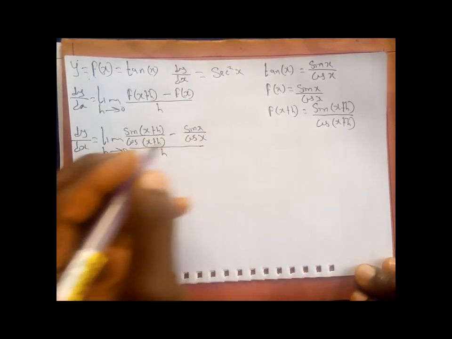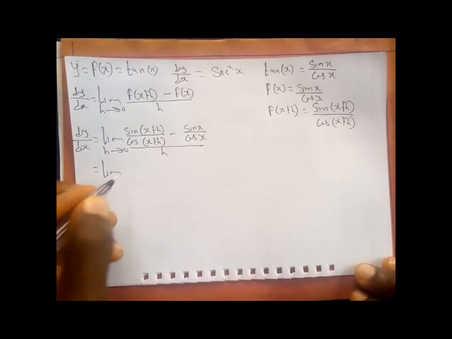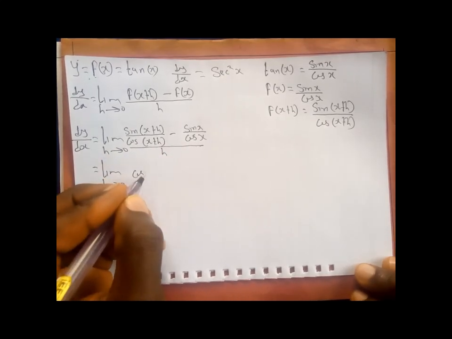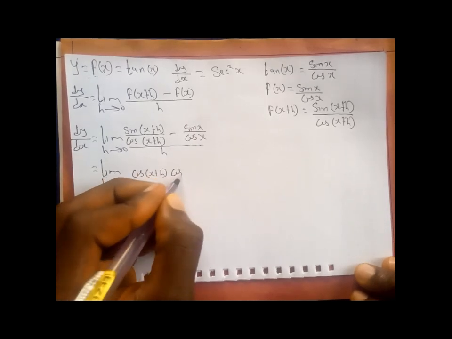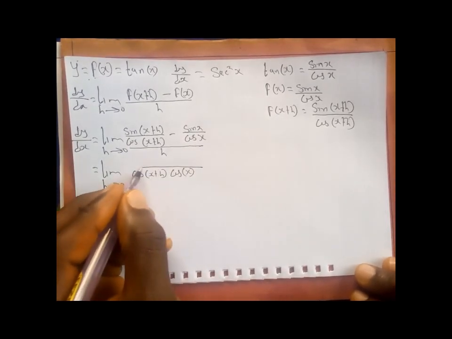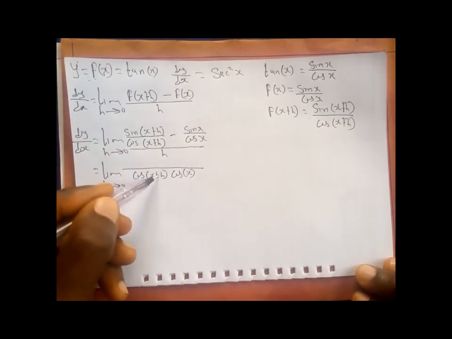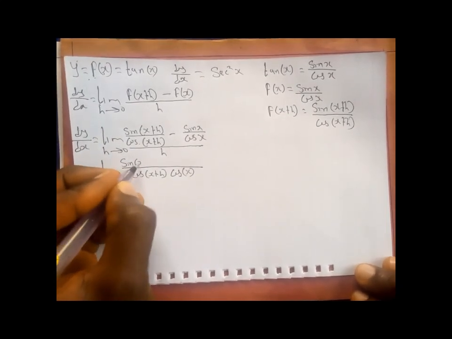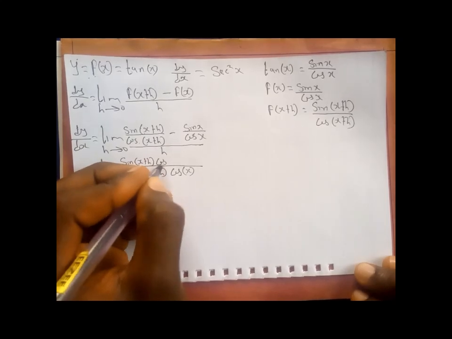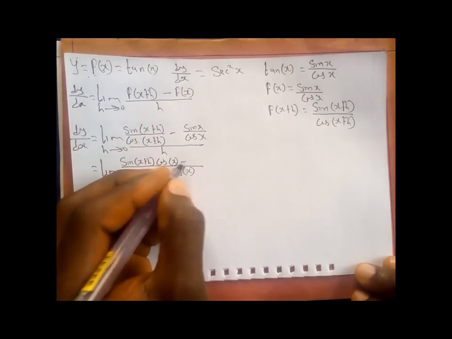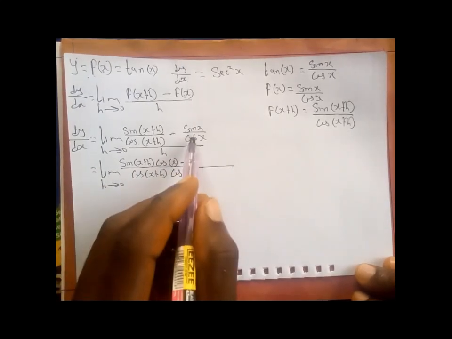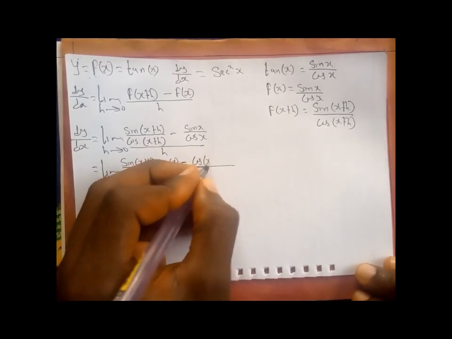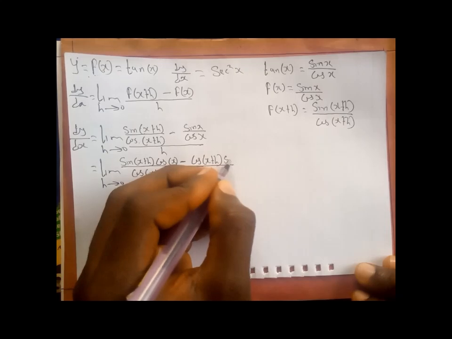So we now have the limit as h approaches 0 of, if the LCM is cosine x plus h times cos x, the corresponding numerators: for the first term we are left with cosine x, and we multiply it with sine of x plus h, giving sine of x plus h multiplied by cosine x, then the subtraction sign is still there, minus. For the second term, we have cosine x plus h multiplied by sine x.